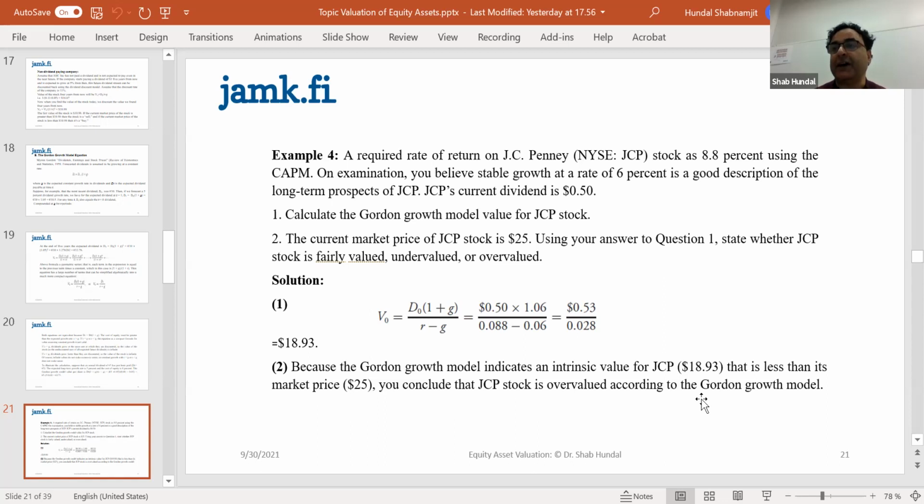This is the intrinsic value, but the market price, when we check, is $25. So you can say that JC Penney stock now is overpriced. Overpriced means it's far more than what it should be.